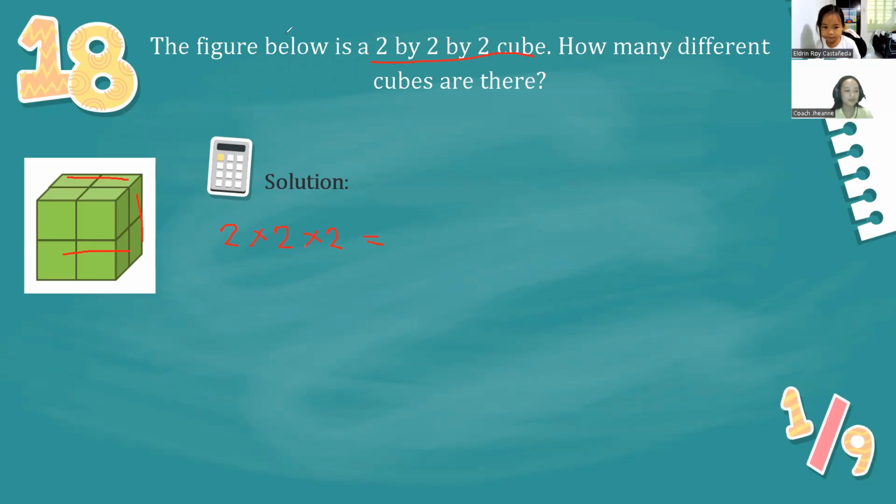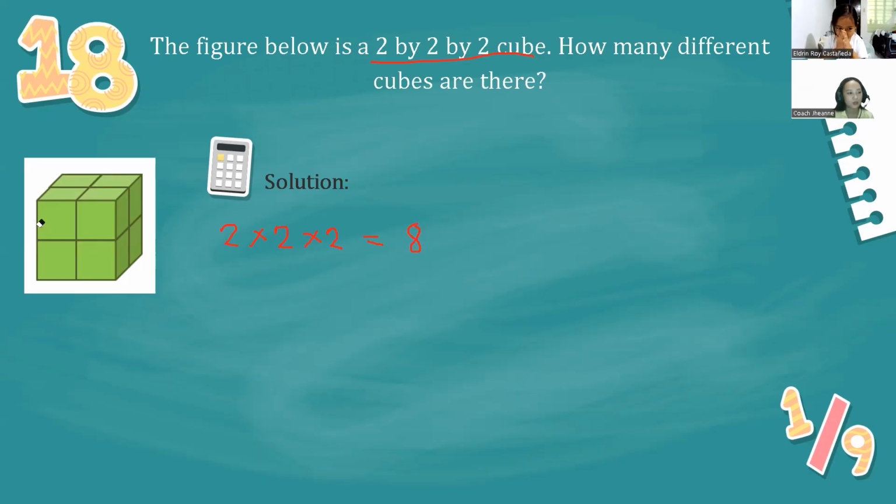2 times 2 times 2 would be equal to 8. So let's count the small cubes so that you can see.